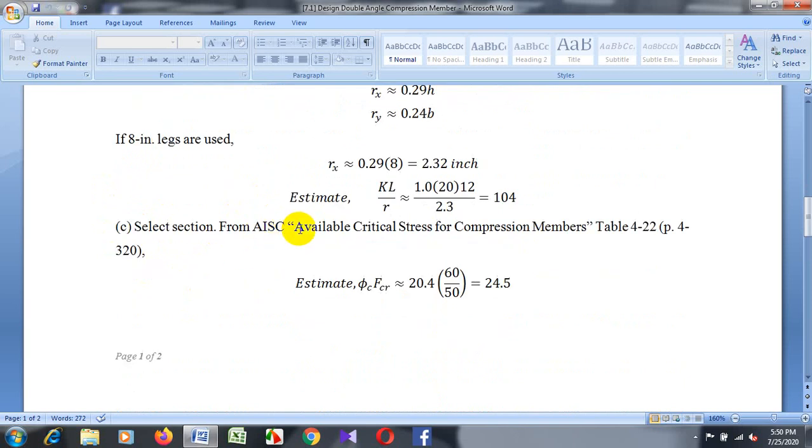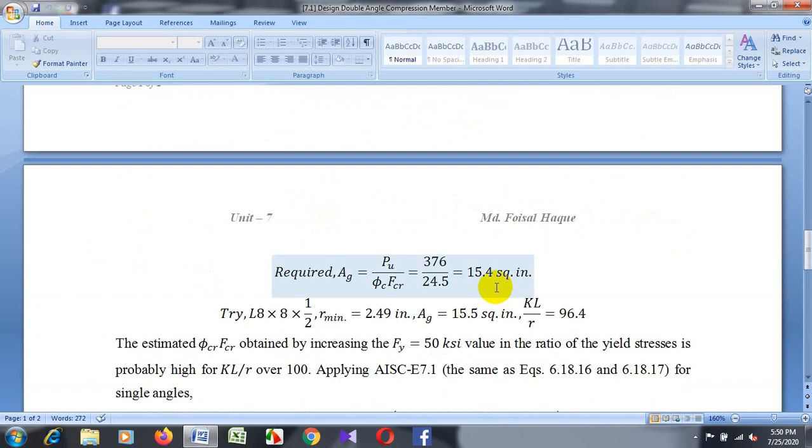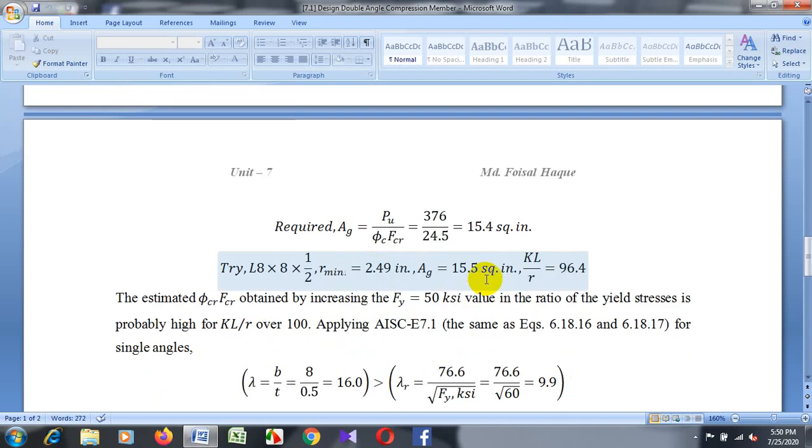Select section from AISC available critical stress for compression members, table 4-22, page 4-320. Estimate phi c Fcr. This is the critical stress, and just input the value: phi c Fcr equal to 20.4 for Fy 60 divided by 50 equal to 24.5. Required gross area is Pu, the ultimate load, divided by phi c Fcr, and then finally we get 50.4 square inch.